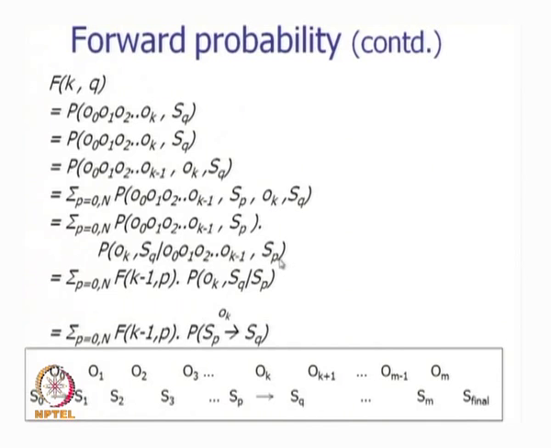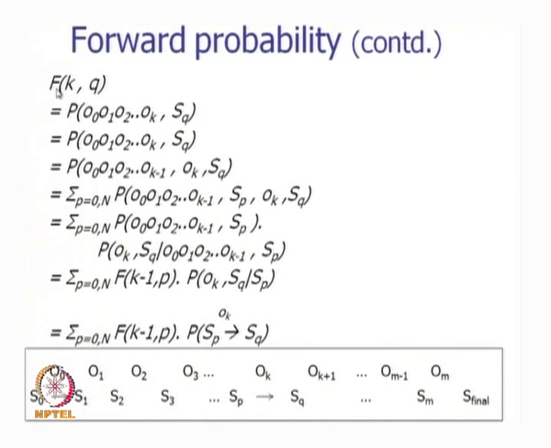This is nothing but the chain rule, and in the next step the only conditioning factor S p is retained, as nothing else affects the probability of the observed symbol O k at the next state S q, and therefore, we drop the whole sequence O 0 to O k minus 1. Now, P(O 0 to O k minus 1, S p) is nothing but the forward probability f k minus 1 p, and P(O k, S q | S p) is written as the transition S p to S q with O k as the output symbol.